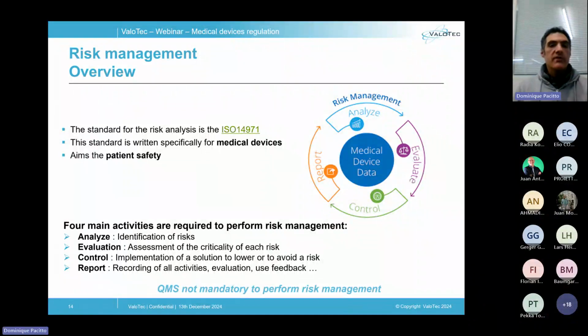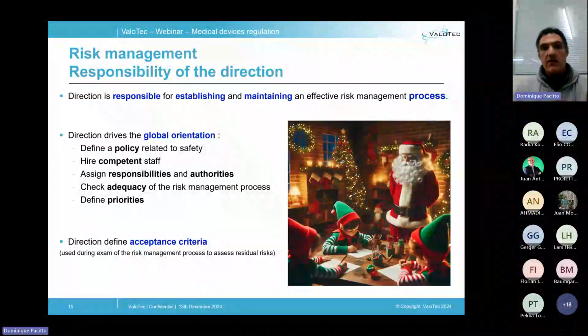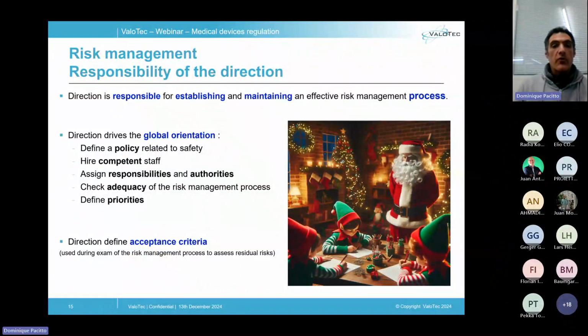The ISO 14971 requires to involve all the relevant staff, starting with the direction. So the direction of the company is responsible to implement an effective and adequate risk management process. We are going to detail that.